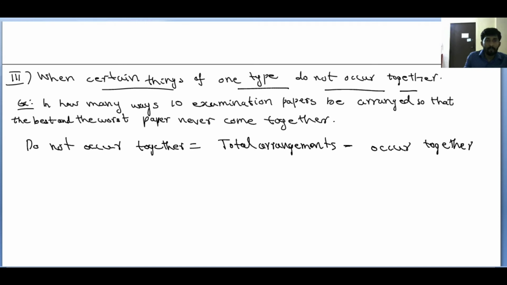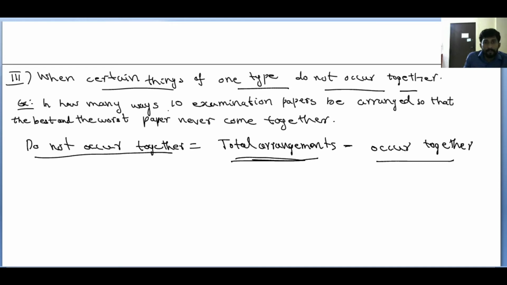In total arrangement, best and worst may occur together or may not. If you add do not occur together plus occur together, you will get total arrangement. So from the total arrangement you need to subtract occur together. That time you will get do not occur together.